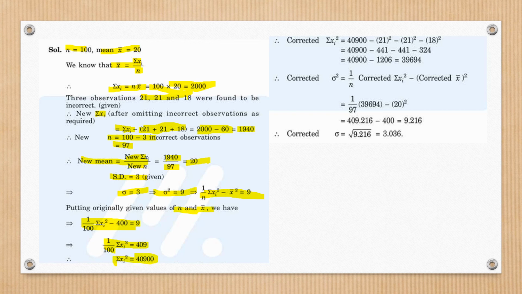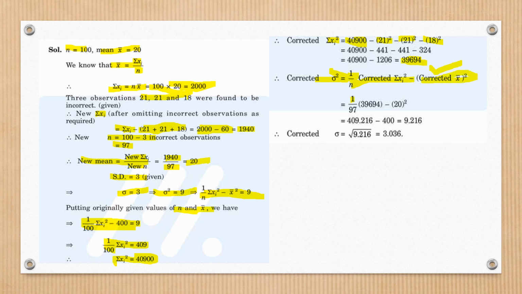Now I have to correct it. To make it correct I subtract the squares of all these terms, and I get 39694. It's a very, very important question. The correct sigma square is 1 by n times correct xi square minus correct mean whole square.